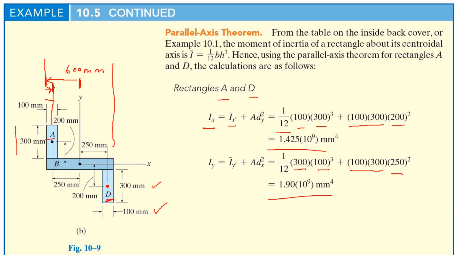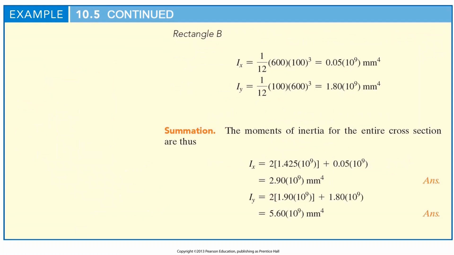and D together. Now, looking at part B, rectangle B. Well, that's a lot easier because the coordinate system is sitting on the centroid, or the center of mass. So it's 1/12 times the width, 600 times 100 cubed for the moment of inertia about the x-axis. The y-axis, 1/12.